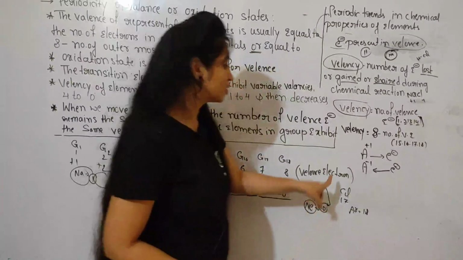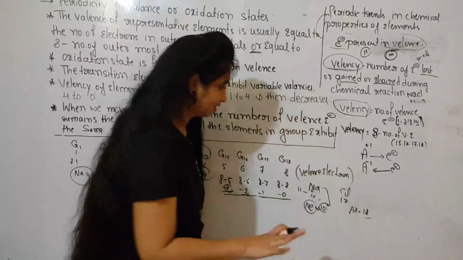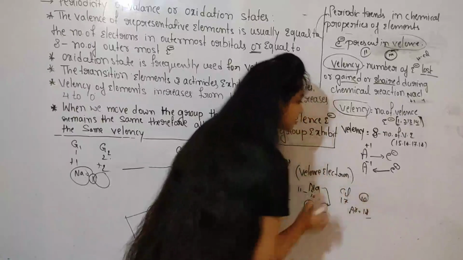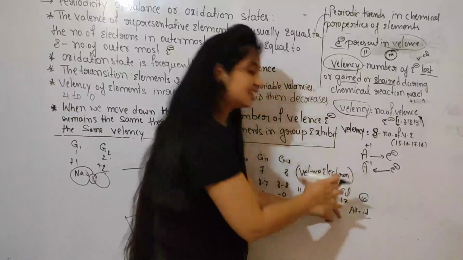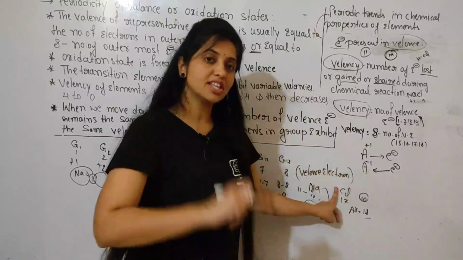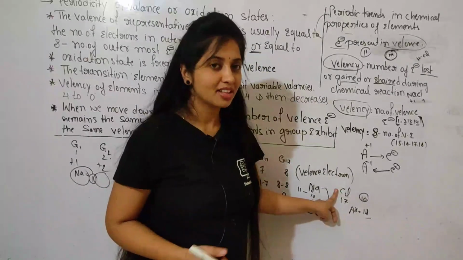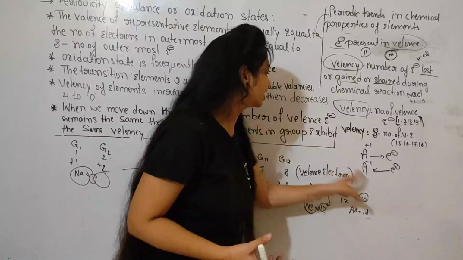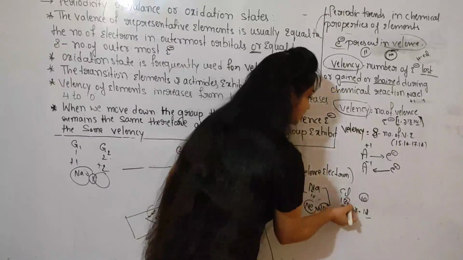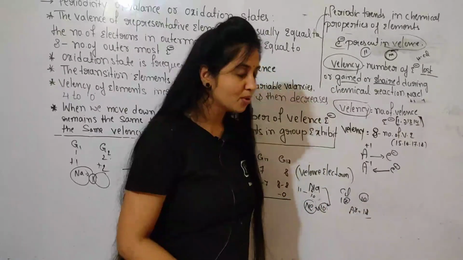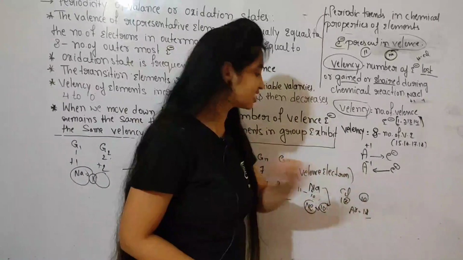Then observe the case of chlorine: 18 is also a stable configuration, 10 is also a stable configuration. If chlorine wishes to attain a stable configuration, is losing 7 electrons easy or is gaining 1 electron easy? Which one is easy for chlorine? Losing 7 electrons is too difficult. So what happens? Chlorine gains 1 electron instead of losing 7 electrons.